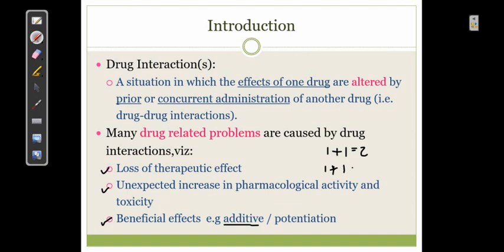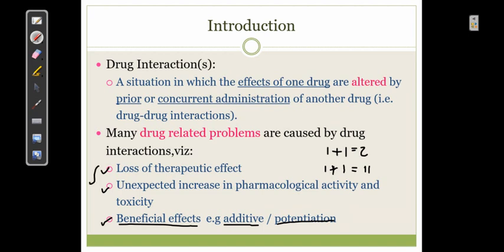In medical science, when you combine two drugs and the resultant activity of both is higher than the addition of the individual effects, or in layman language, 1 plus 1 is equal to 11, then you can call it a synergistic, potentiatory activity. Such drug combinations are called beneficial drug interactions. So you can classify in this way also.